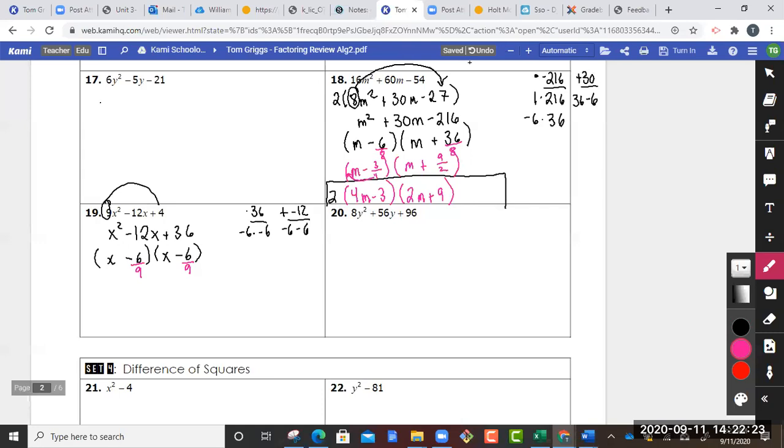And 6 over 9 reduces to 2/3. And then the 3 at the bottom just slips to the front. So it's 3x minus 2, 3x minus 2.